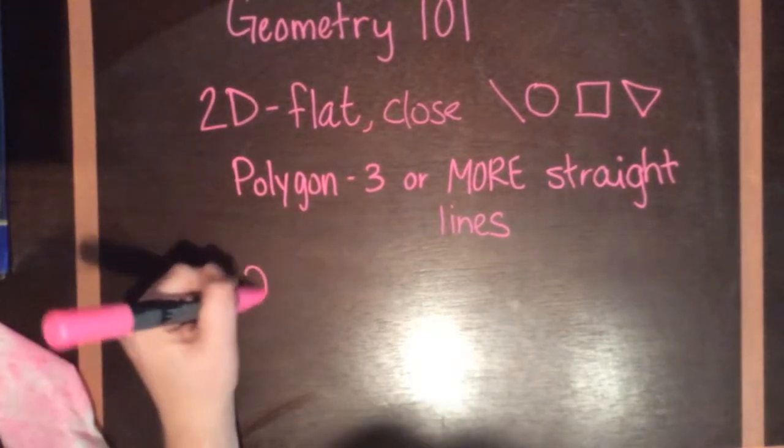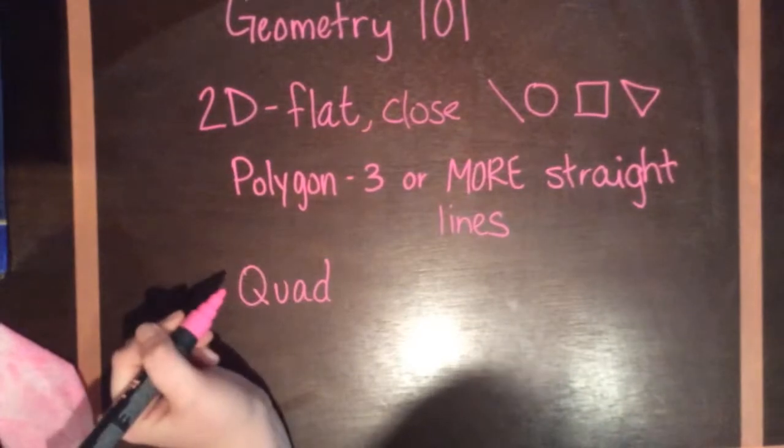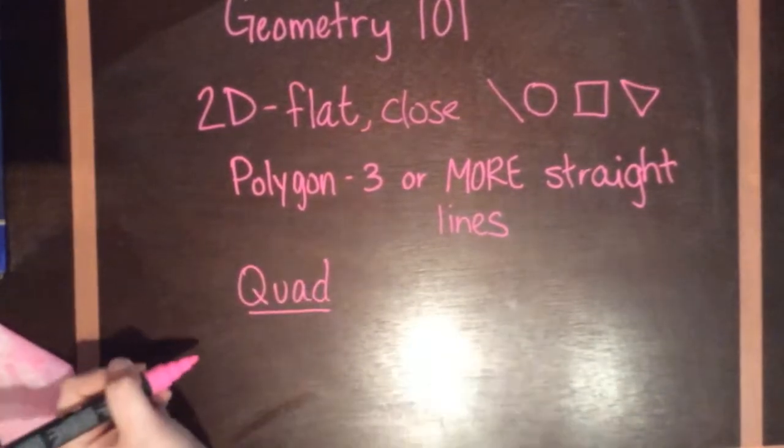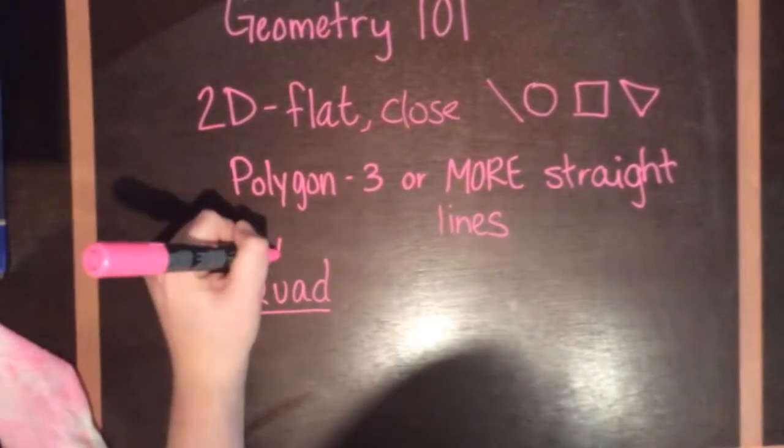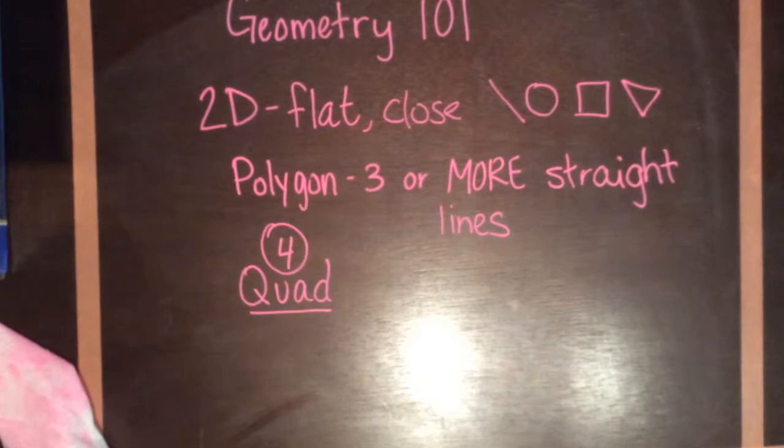Another word that we've introduced is quadrilateral. And the important thing about quadrilateral is that quad is 4, which means that it's any shape with 4 lines. It cannot have 3, it cannot have 5, it can only have 4.